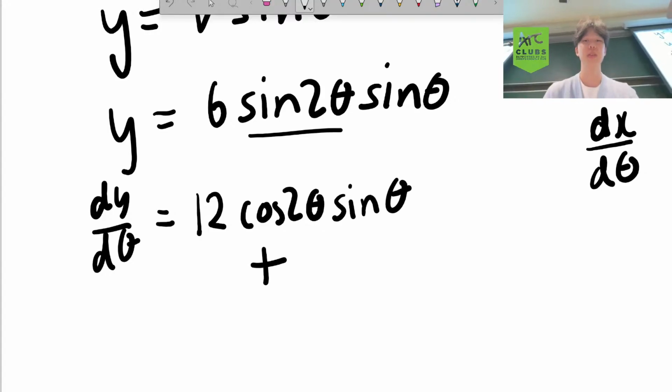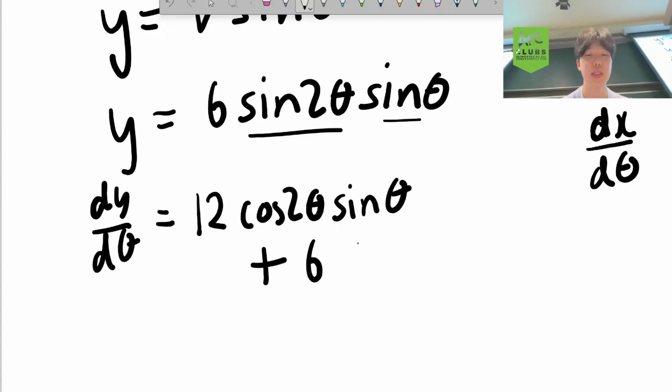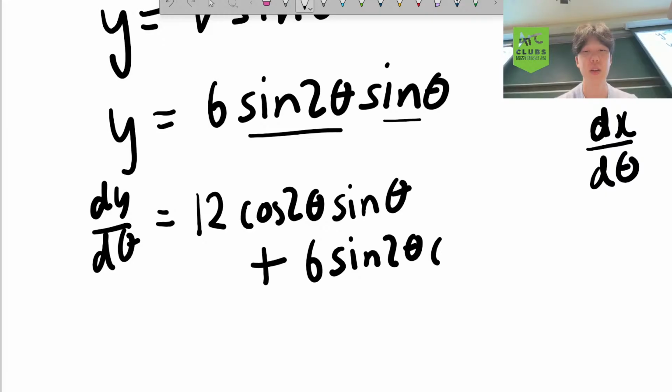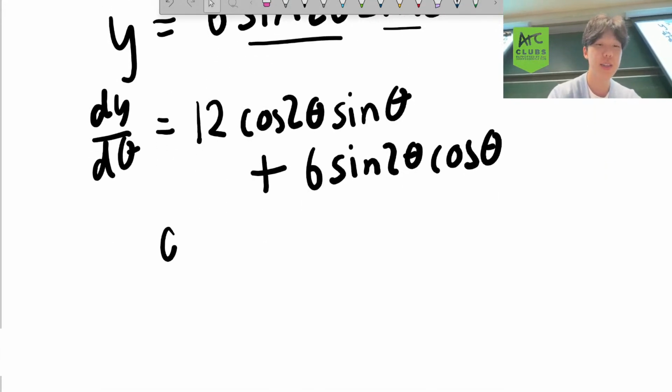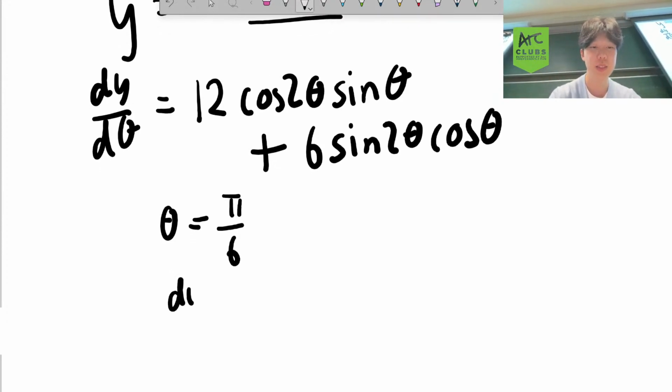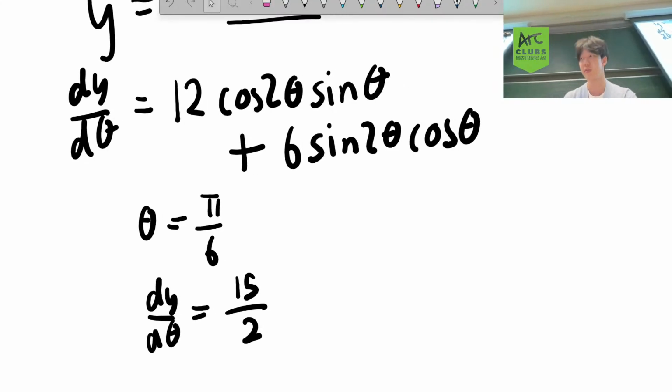And now I add that with the derivative of sin θ, which is cos θ, so it's 6 sin 2θ cos θ. Now I want to find when θ = π/6. If you manually plug it in, it should give 15/2, I believe.